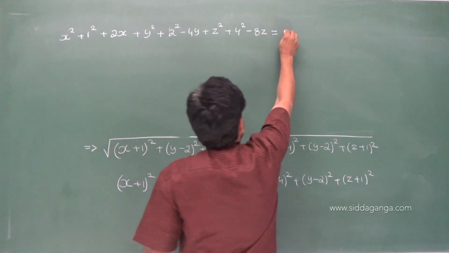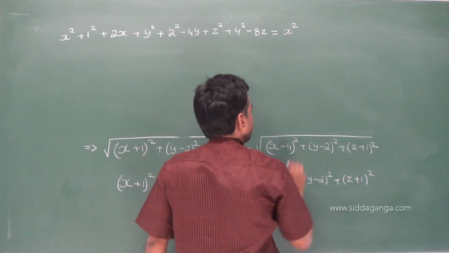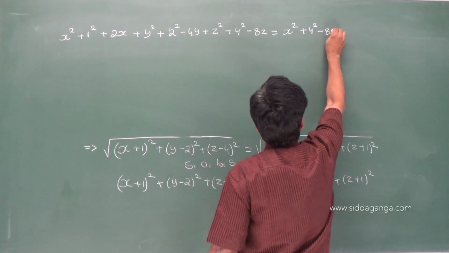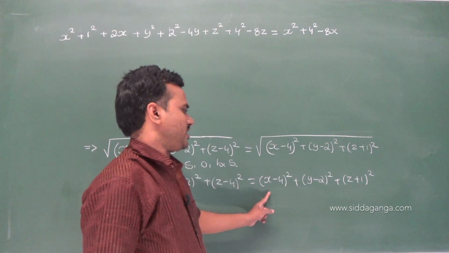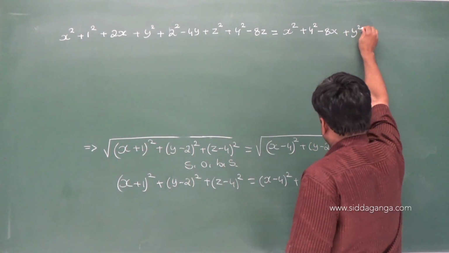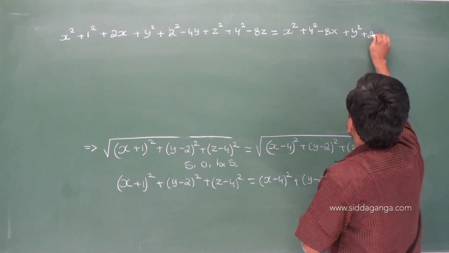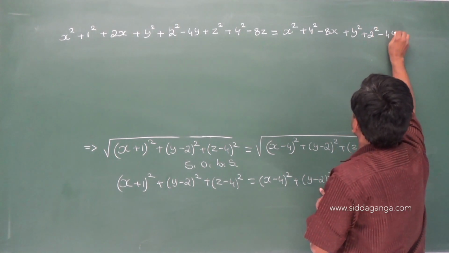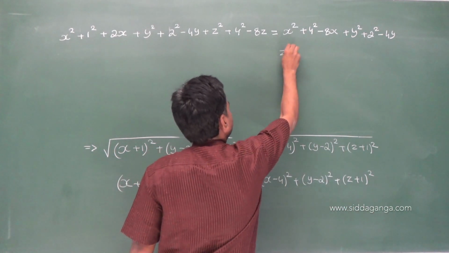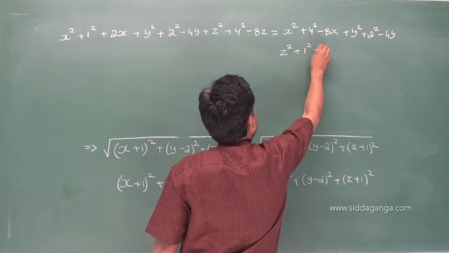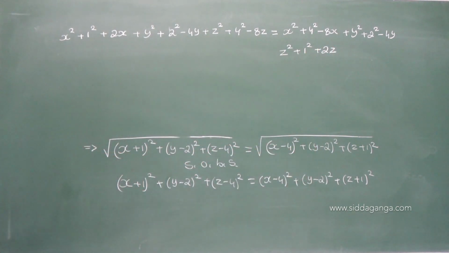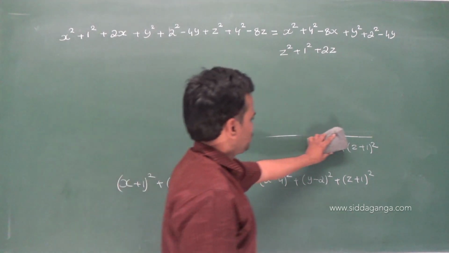RHS: x square plus 4 square minus 8x plus y square plus 2 square minus 4y. I write below z plus 1 whole square: z square plus 1 square plus 2z.